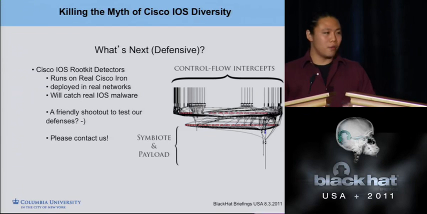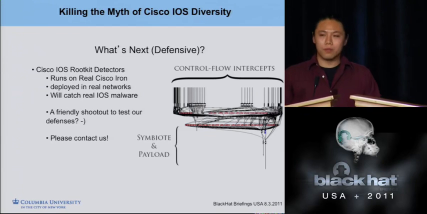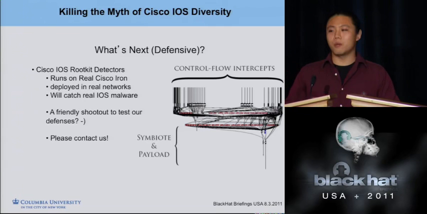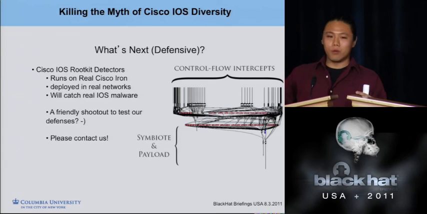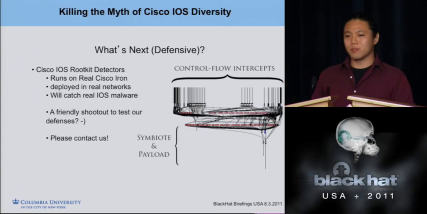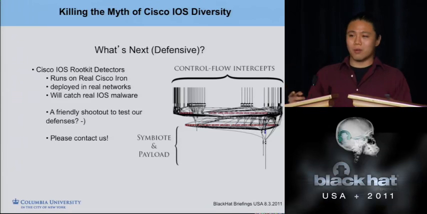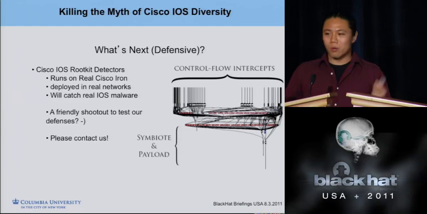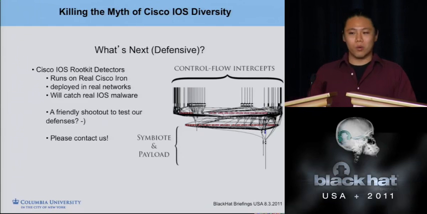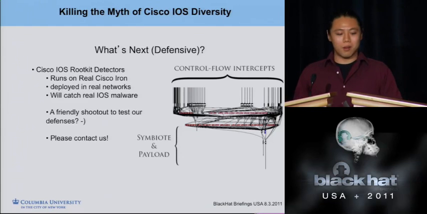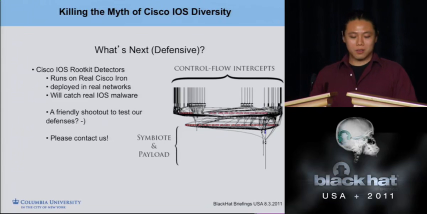All the defenses that we've tested against have been against the malicious code that we've written or found through proof of concept code from other folks who have done research in this area. But if you or somebody you know have access to real-world iOS malware, we would love to talk to you because I would like to set up some friendly shootout just to see how our defenses stack up against malware we find in the wild for Cisco iOS.